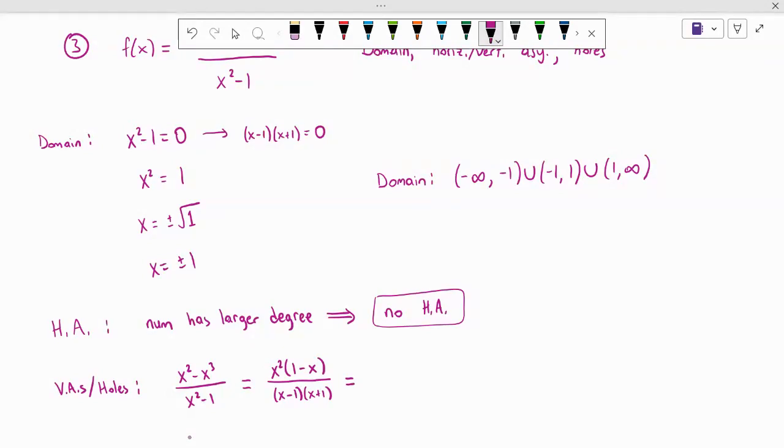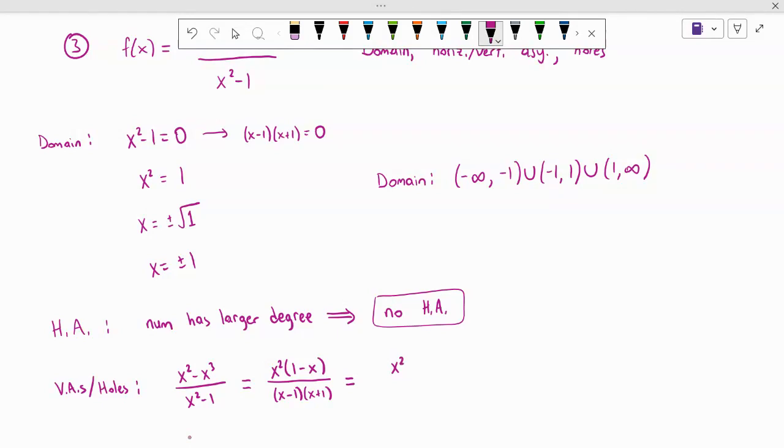This is similar to what we saw before, where we have 1 minus x in the numerator and x minus 1 in the denominator. You can almost cancel them out, but in order to do a cancellation, you can factor a minus sign out from one of those two expressions.